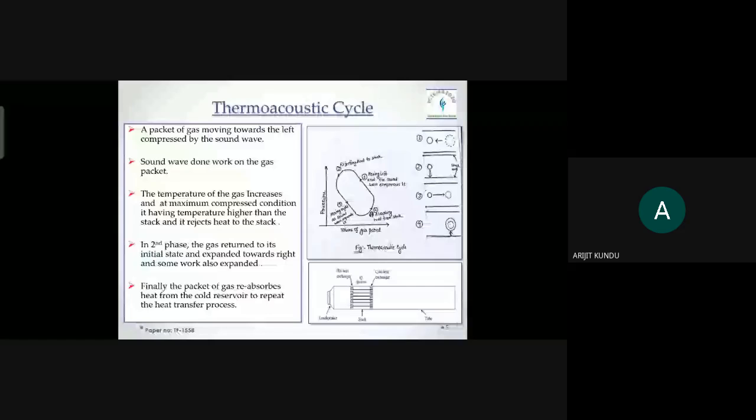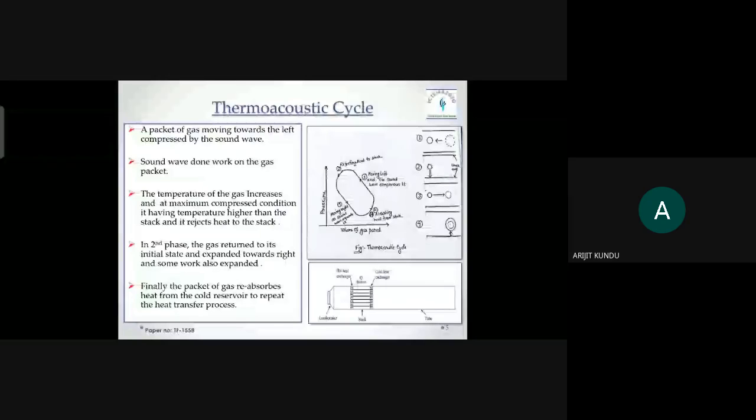In the second part of the cycle, when the gas returns to its initial state, the sound wave expands the gas, and at maximum expansion, when its temperature is less than the stack material temperature, it receives heat from the stack material.